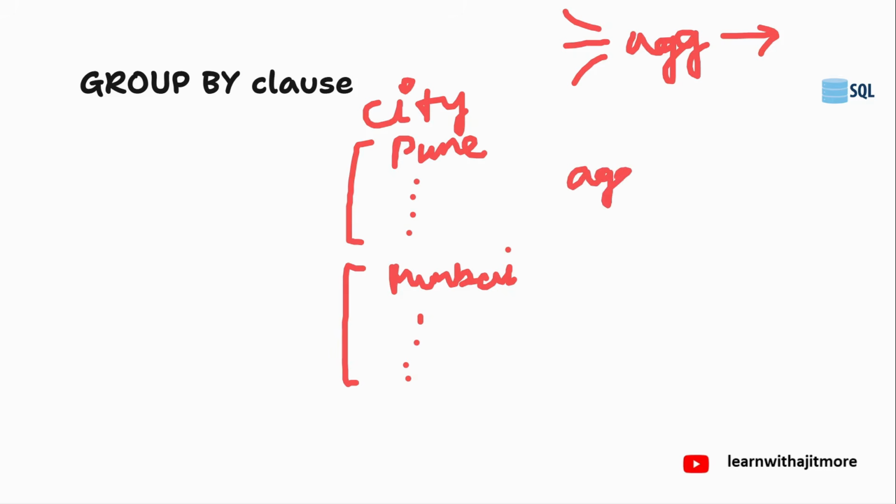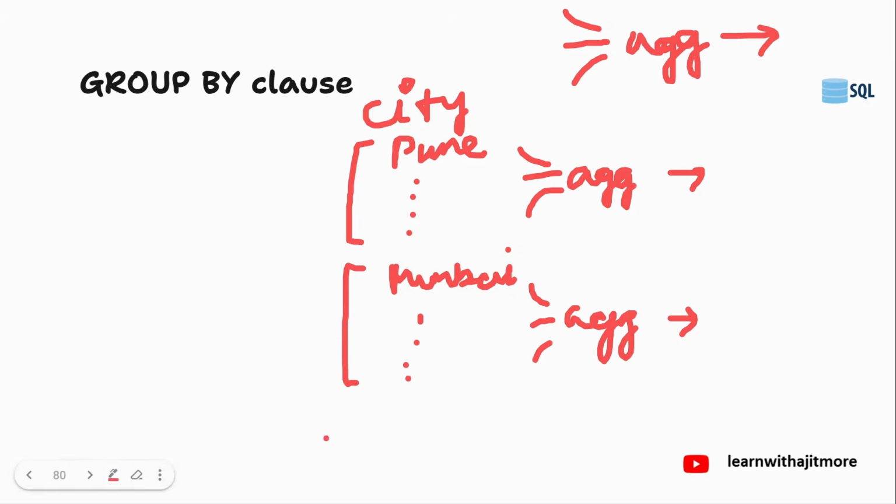It will take the values of one group as input, apply aggregate, and give one result. Again, it will apply aggregate on the values of the second group and you'll get one output. So how many outputs? As many groups, that many aggregate outputs you will get.